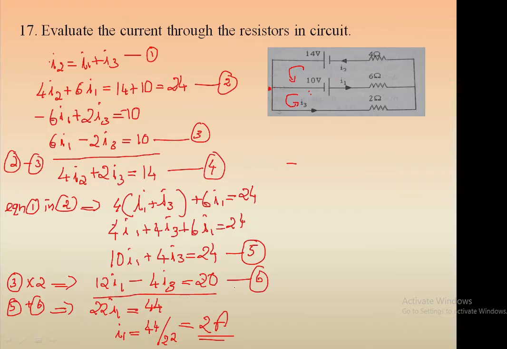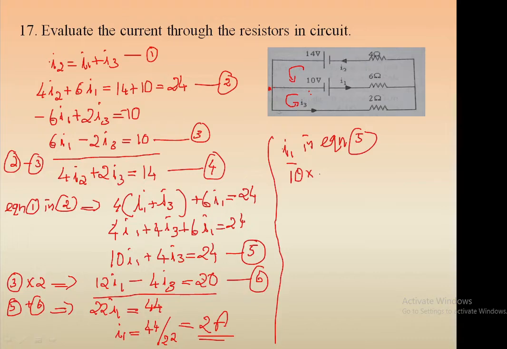Now let us substitute the value of I1 in equation 5. That is 10i1 plus 4i3 equal to 24.